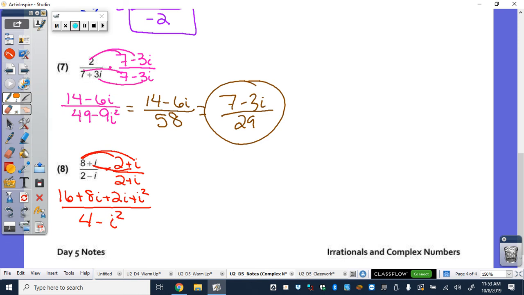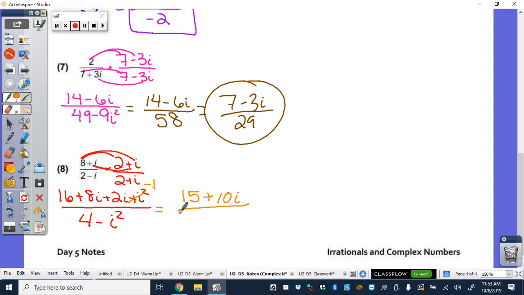Again, in the denominator, the conjugate makes it a little easier. Just multiply the first, multiply the last. So now let's clean this up. i squared is negative 1, so 16 minus 1 gives me a 15. Adding my i's, 8i plus 2i gives me a 10i.